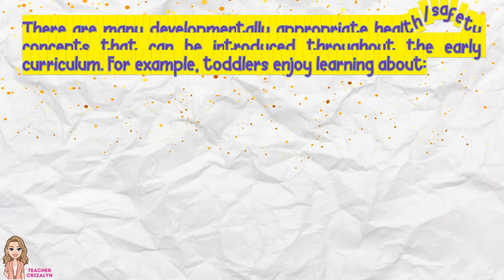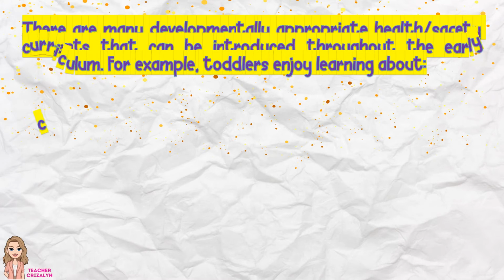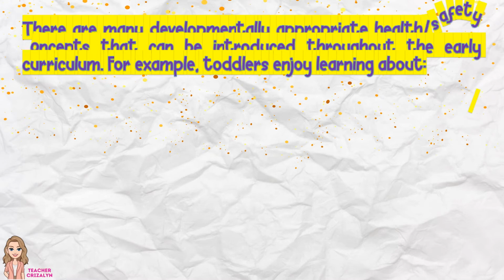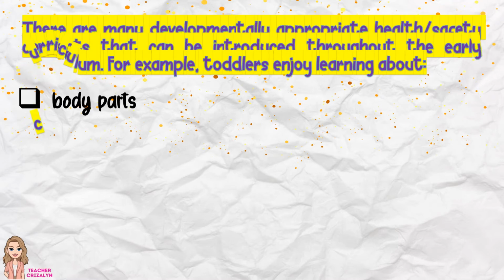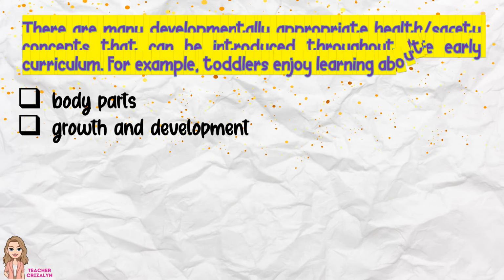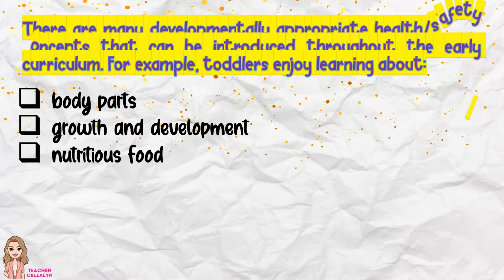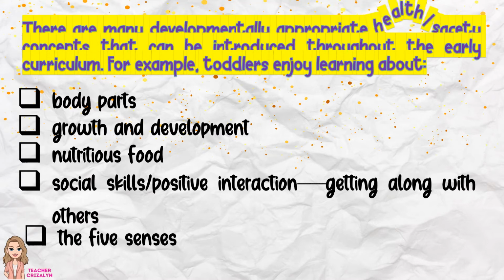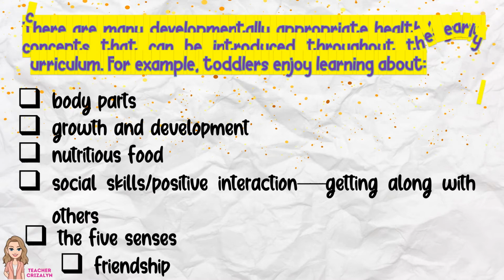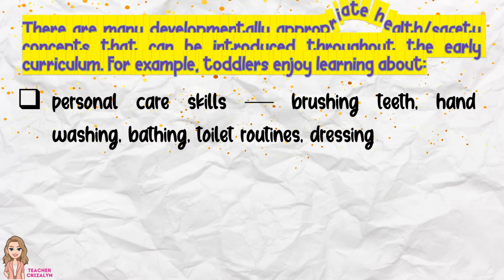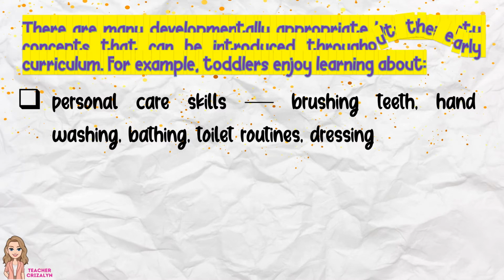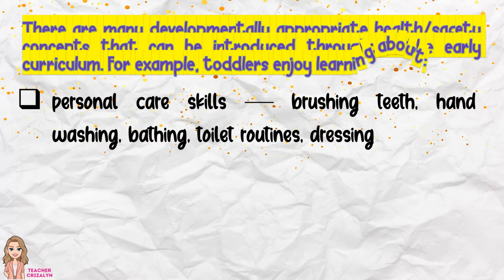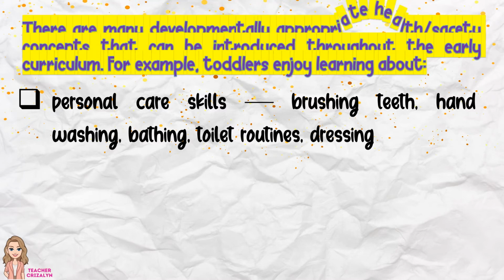There are many developmentally appropriate health and safety concepts that can be introduced throughout the early curriculum. For example, toddlers enjoy learning about body parts, growth and development, nutritious food, social skills and positive interaction or getting along with others, the 5 senses, friendship, personal care skills such as brushing teeth, hand washing, bathing, toilet routines, and dressing.